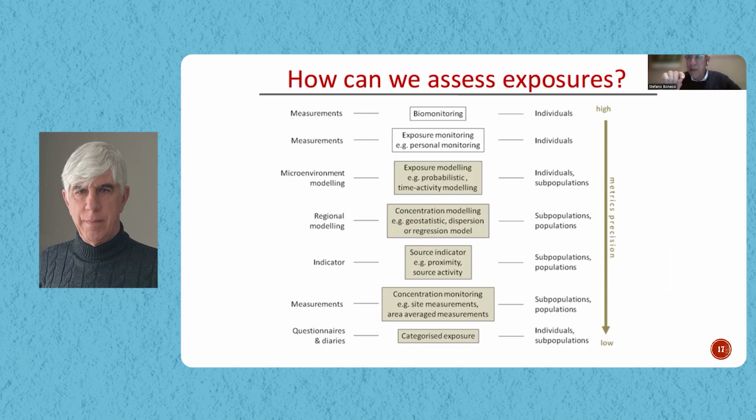So the distance from the fallout at the moment of the deployment of the bomb was considered a marker of exposure. So it's not so precise, but it is the marker that they used.